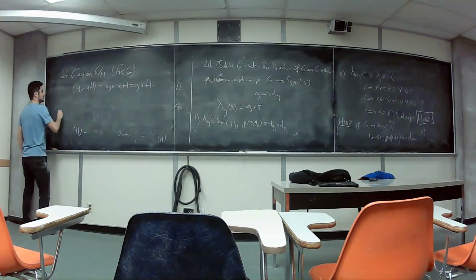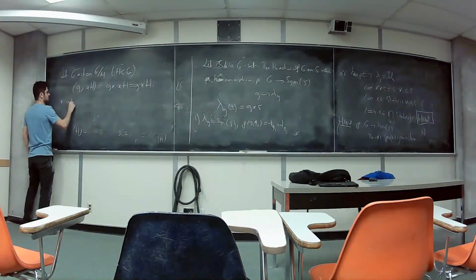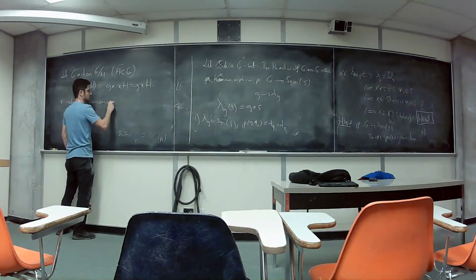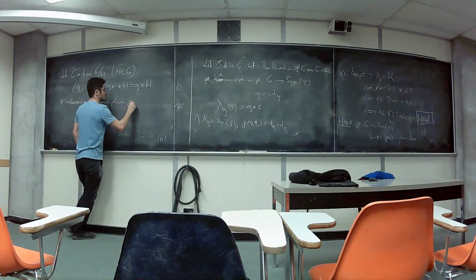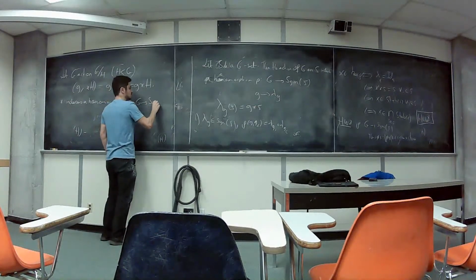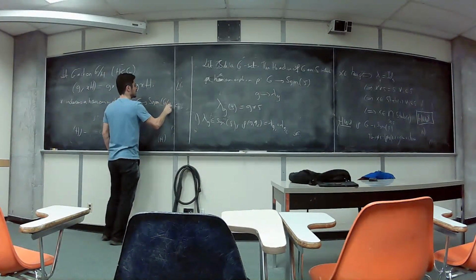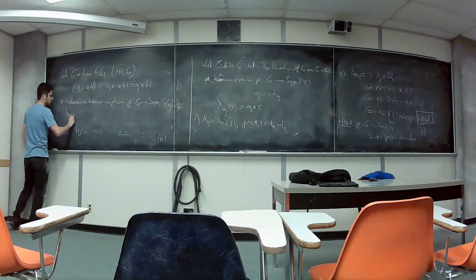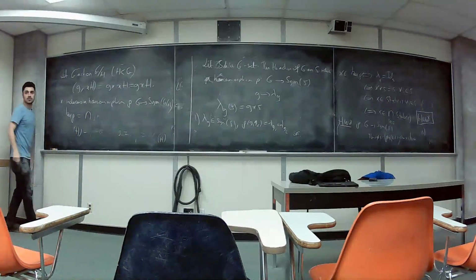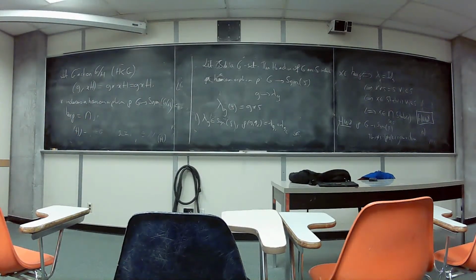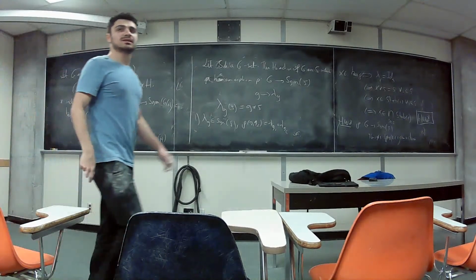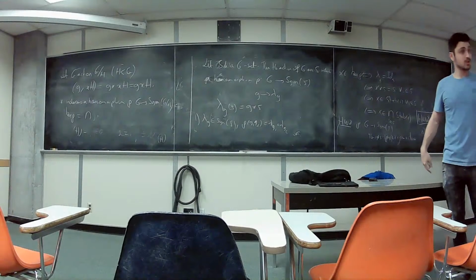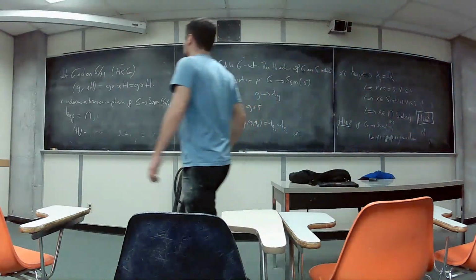This action induces a homomorphism rho from G to Sym of G mod H. And what is the kernel of rho? The kernel of rho is the intersection of the stabilizers, right? What is the stabilizer of an element xH in that case? xHx inverse, very good, as x is in G, right?